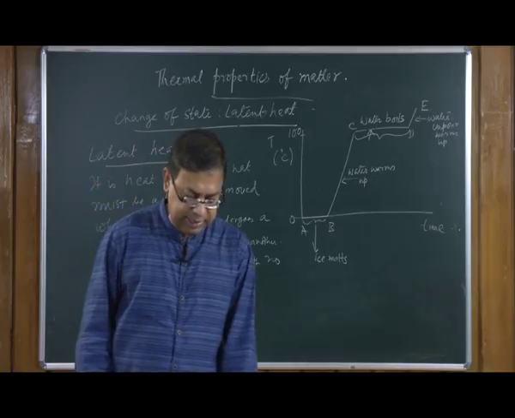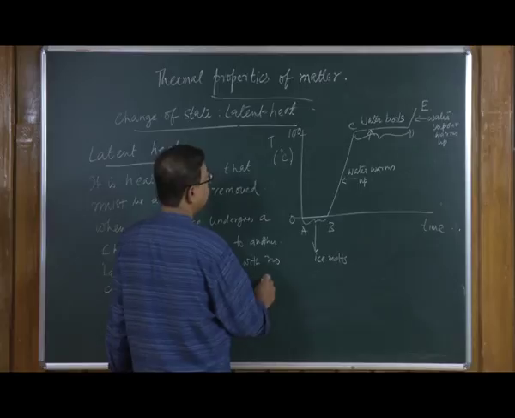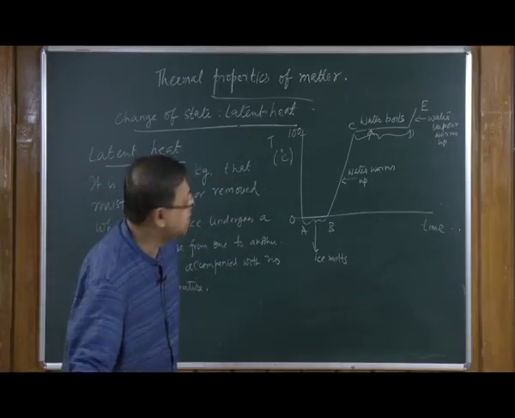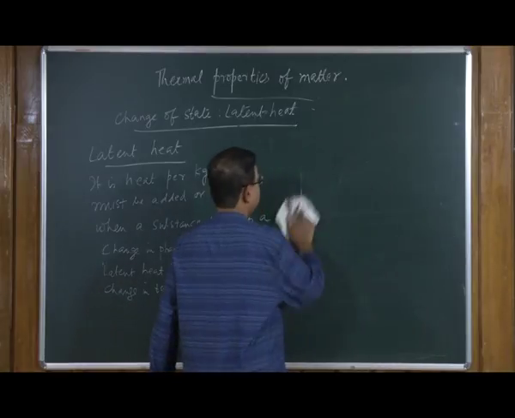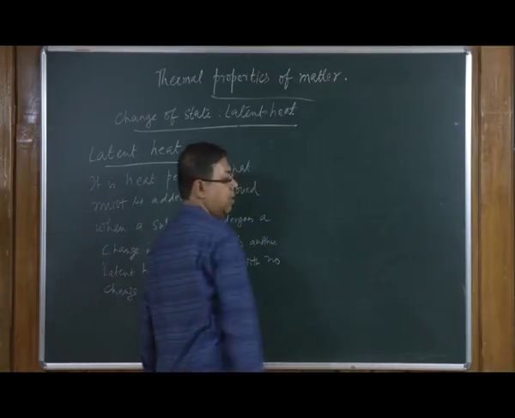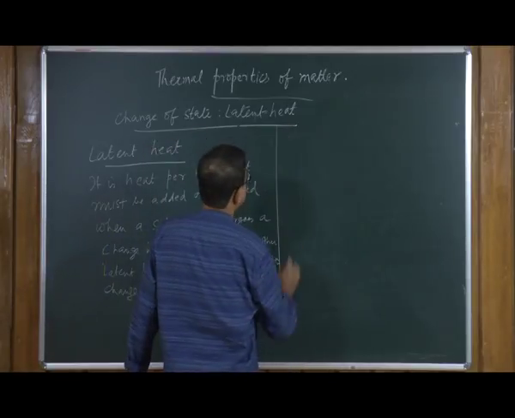One is called the latent heat of melting. So, we will talk about three kinds of latent heat. For that, let us remove this part for now. So, the three kinds of latent heat.